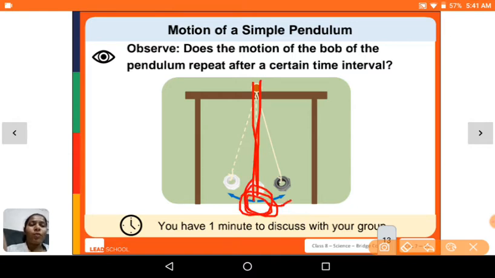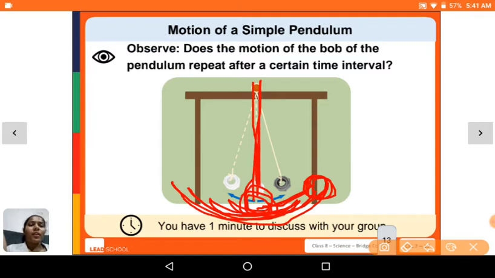Then you pull it a bit to one side. If you pull this side, the bob will be here, and then you release. It will go to the other side and again back to this position, and slowly it will stop at the center point, right? Where it is perpendicular to the rigid support. You can say that.